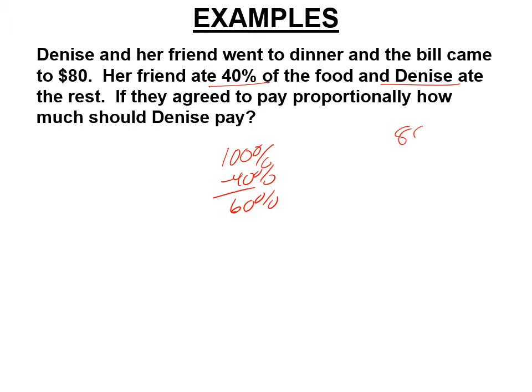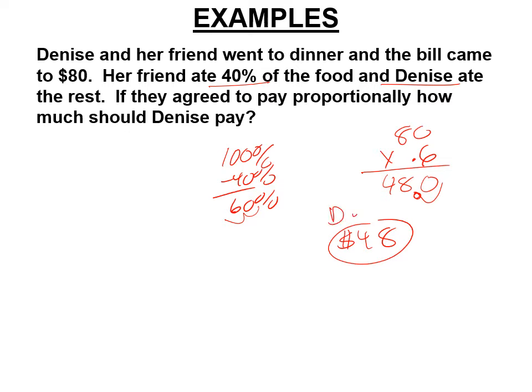So Denise should pay 60% of the $80, right? We're going to move the decimal twice. I'm going to use the decimal method because it's money. 6 times 8 is 48. Move the decimal once. Denise should pay $48. That's what Denise should pay if they're going to do it proportionally.